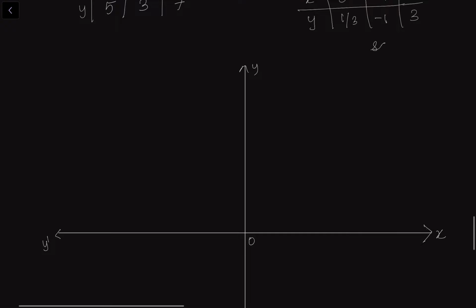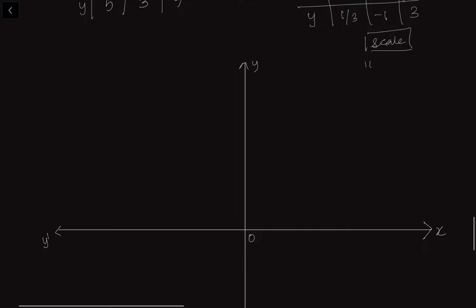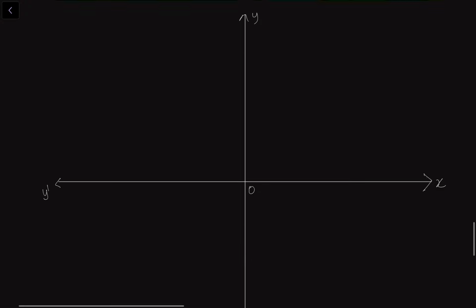Also, make sure you write your scale based on what kind of graph paper you are using. If you have any difficulty in writing the scale, you just write, say, 10 millimeter, whatever graph you're using, is 1 unit. It really depends on your graph. If you still have doubt, I can show you a graph paper later on if you comment.